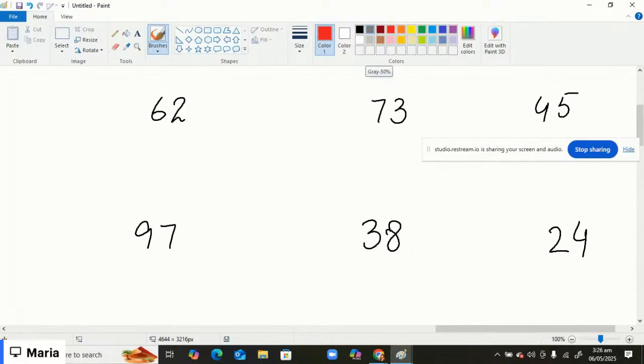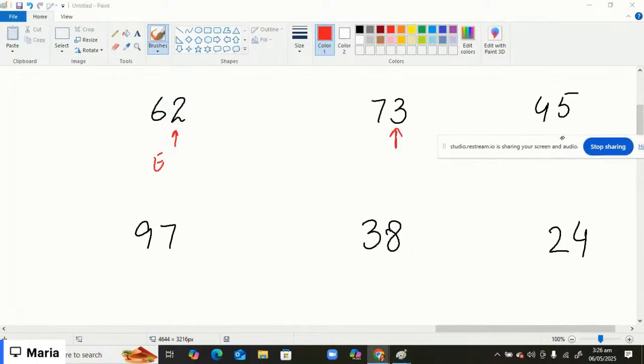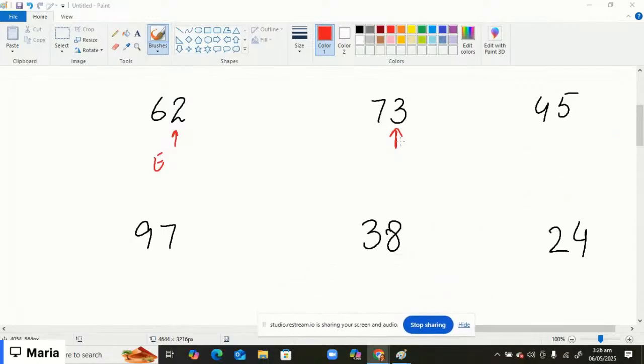Now you guys tell me which one is even and which one is odd number. We check this one. This is 2. 2 is even or odd? 2 is even. We check here from 73. 3 is even or odd? That is odd. Check it from 45. Check it only the 5. It's even or odd? That is odd.